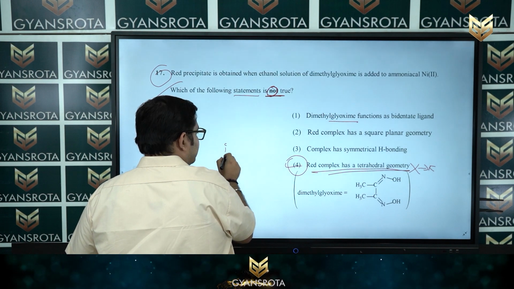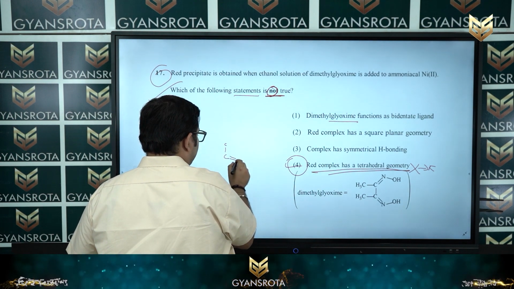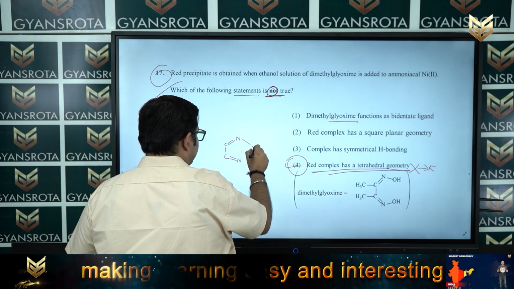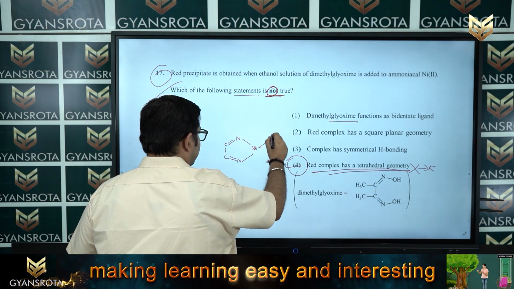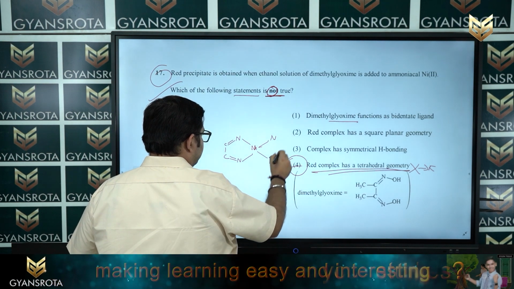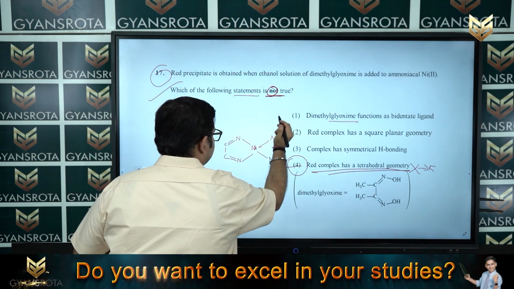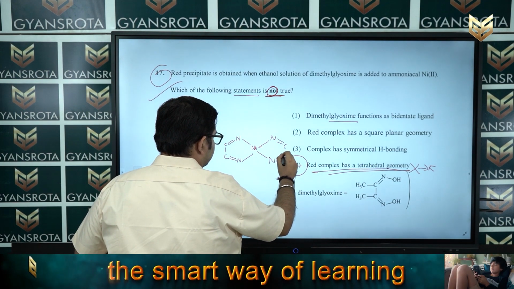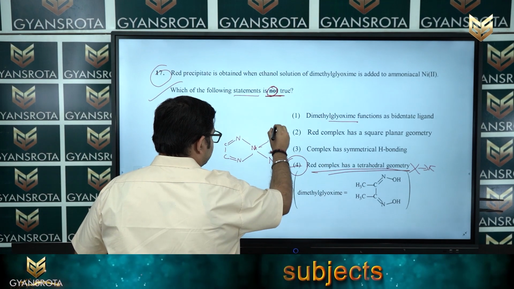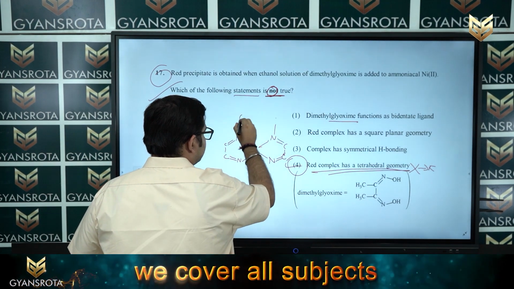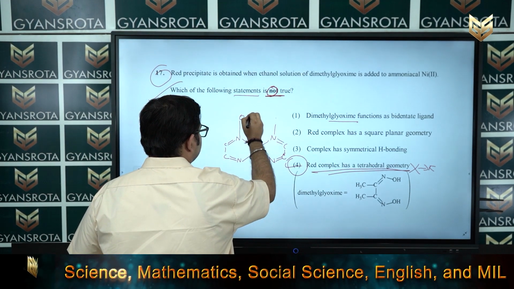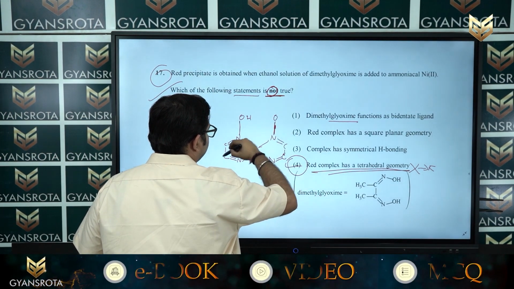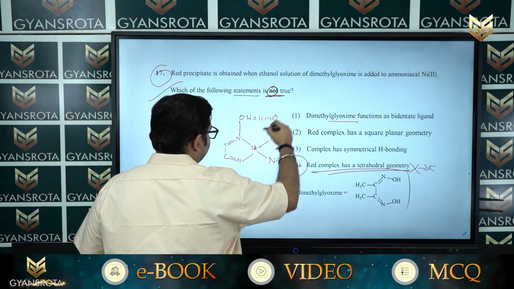like C double bond N, it will coordinate with nickel, again N here, and it will end up with, so it will be here, and they form a bond like this.